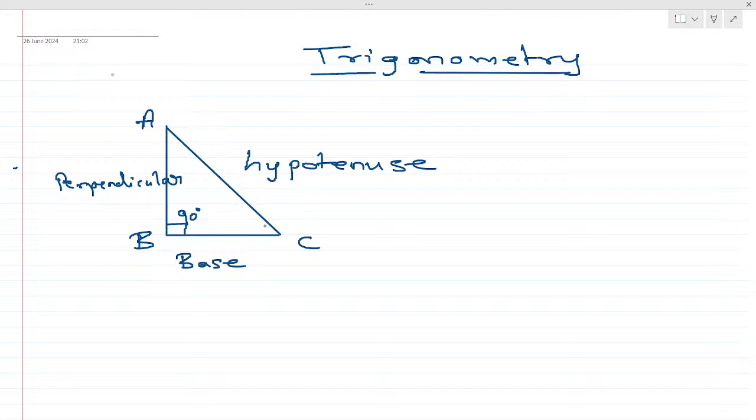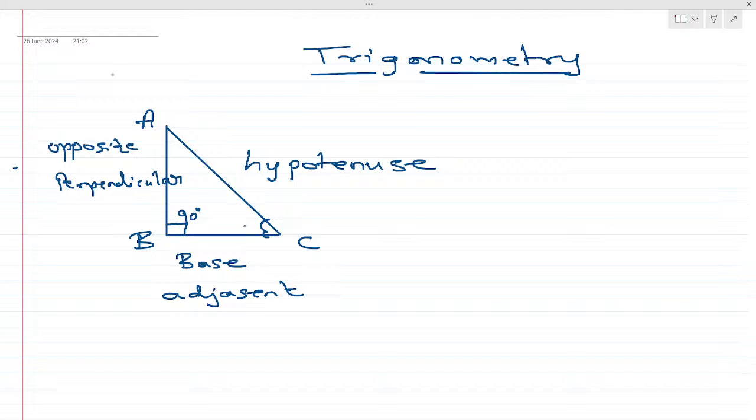When I look at these things from the angle C, this AB side becomes the opposite, and the base can be considered as the adjacent to the corner C or to the angle C.